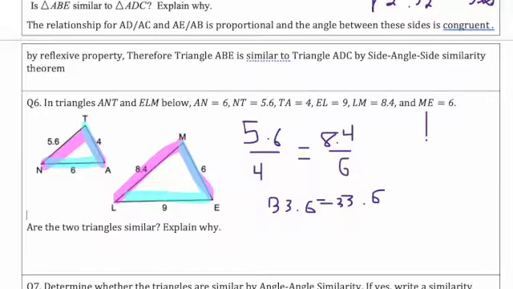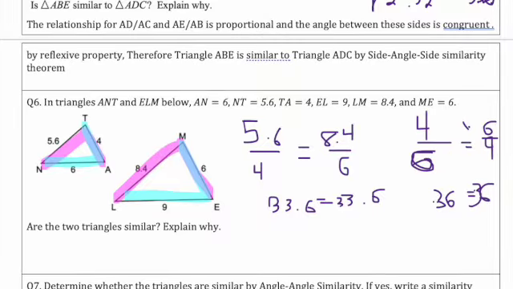So I have 4 over 6, right? 4 over 6 is equal to 6 over 9. I knew automatically when I was doing the cross multiply and it was wrong, something was up. 4 times 9 is 36, right? And 6 times 6 is 36. These are proportional.